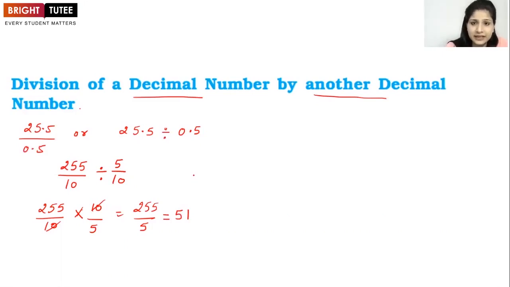One more way of considering this is, as you see, there is only one digit after the decimal point. Similarly, here there is only one digit after the decimal point. So when we write it as 25.5 divided by 0.5, to make it 255, we are shifting the decimal after one place.